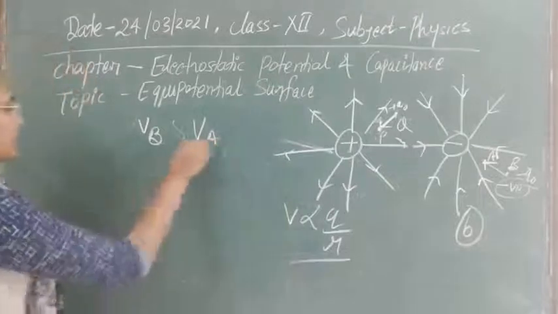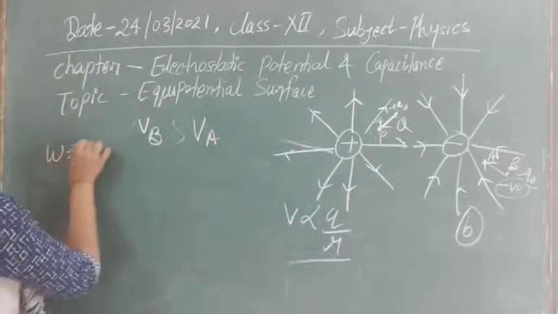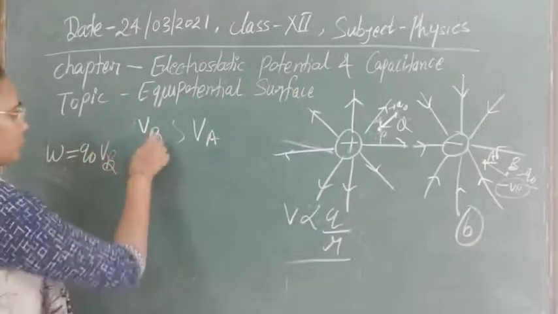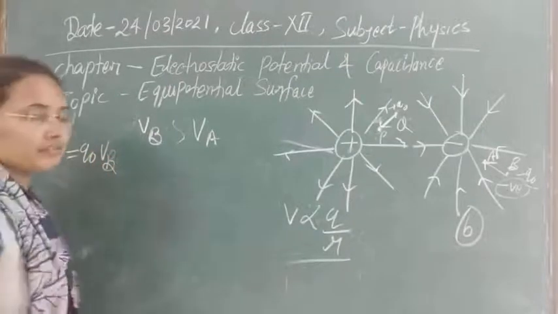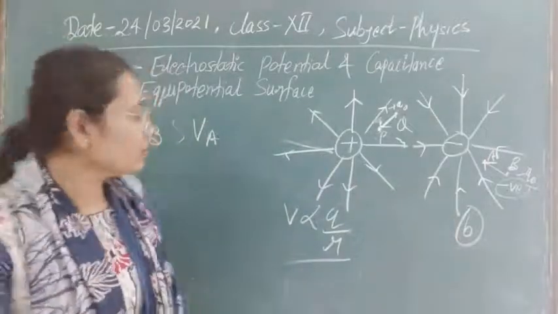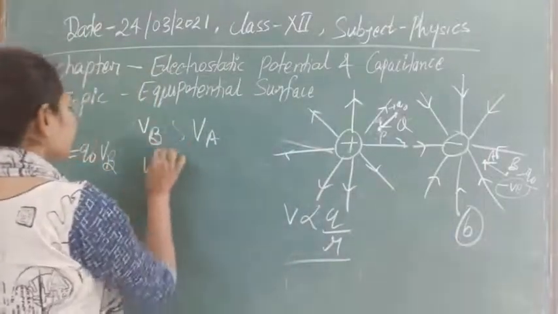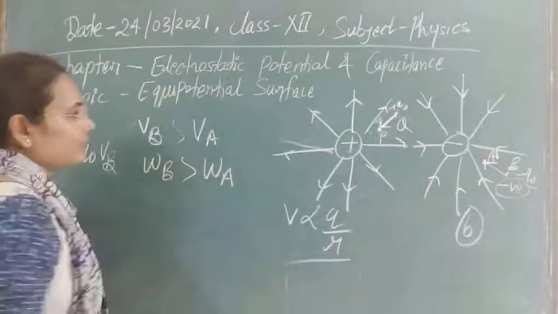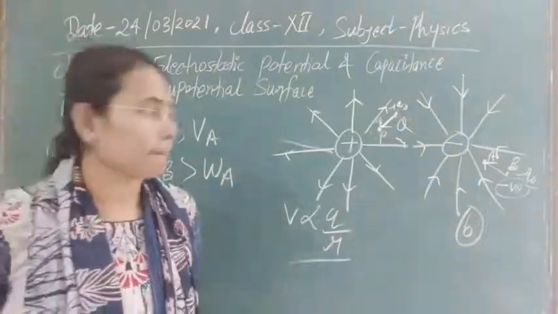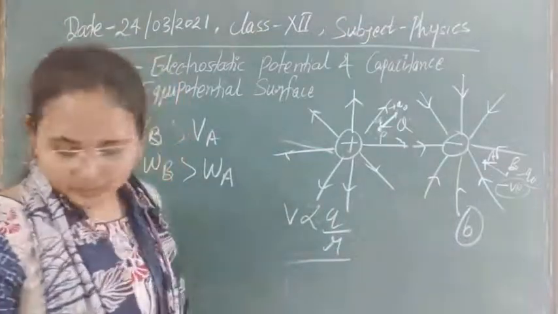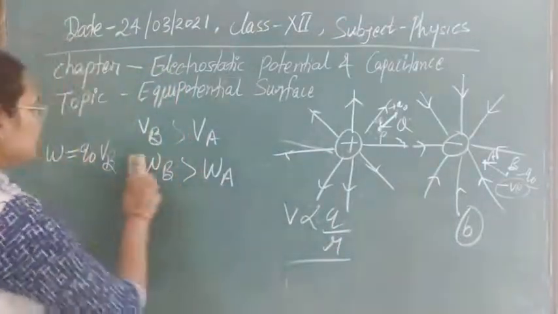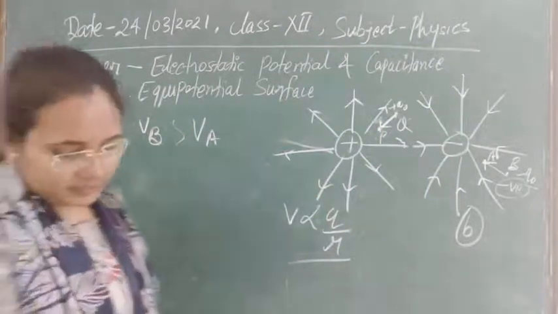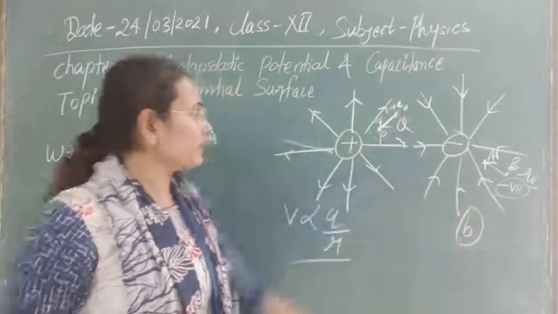And if VB is greater, by the concept of work, that is Q0 VB, VB is negative, Q0 is negative, then overall work will be positive. So the work done at B will be greater than the work done at A. Sorry, I have to check that. Work done at A should be greater here.